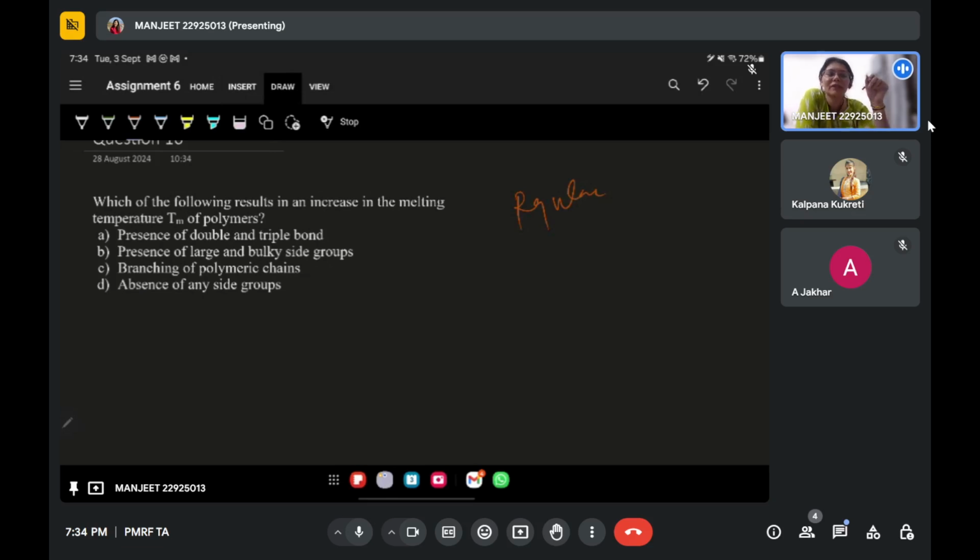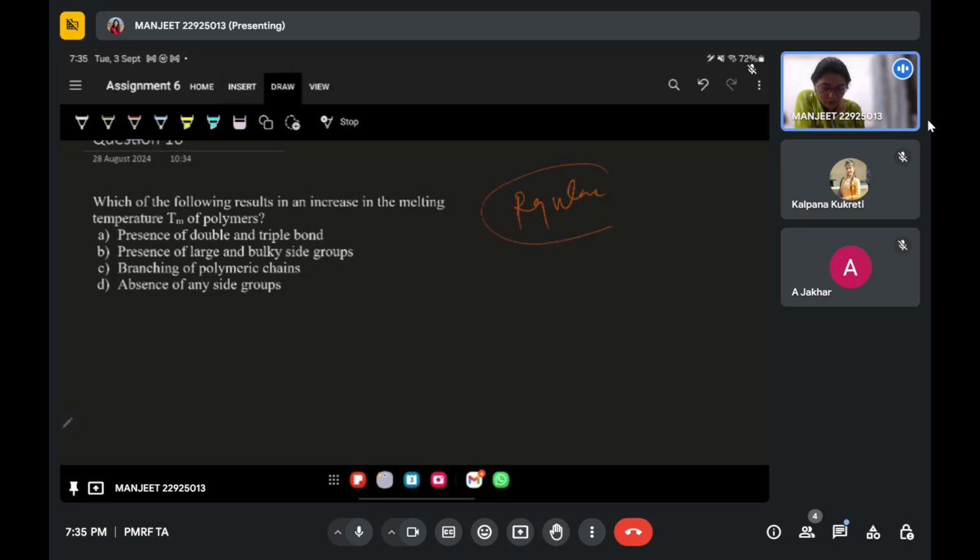If your polymer is flexible, you can easily break it. If there is only a single bond between them, you can easily melt it. It also depends on what kind of bonding is in your polymer: single, double, or triple bonded.